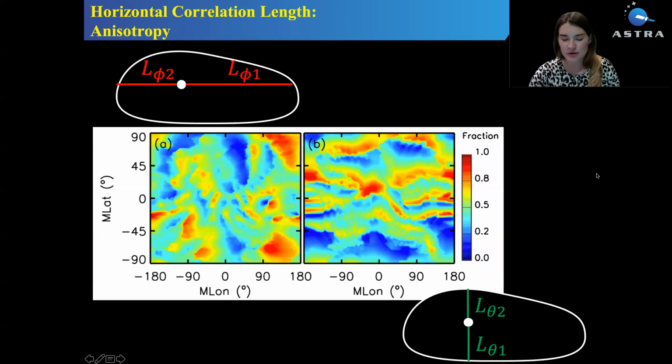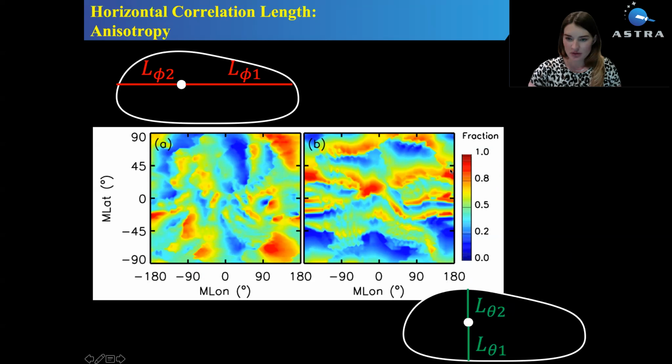The same was done for the meridional correlation length. Again, when the fraction is equal to 0.5, this green color, it would mean that the extent of the ellipse is the same in 0 and 180 azimuths.